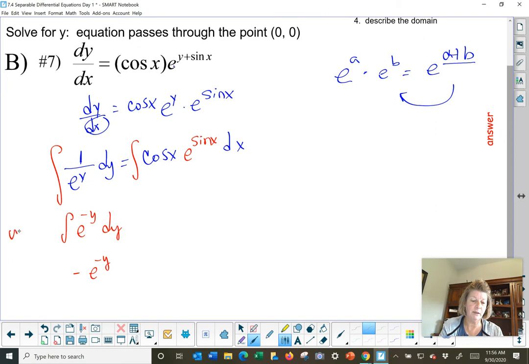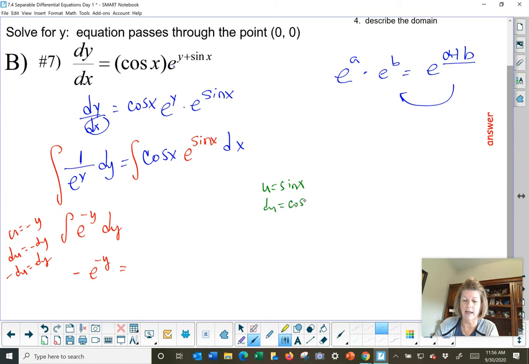You could set up a u sub and see that coming about. There's that negative dy, so we'd have the negative du equals positive dy. So I know my integral is going to be a negative e to the negative y. On the right, another little u sub, let u equal sine x. Can you see how this works out beautifully?